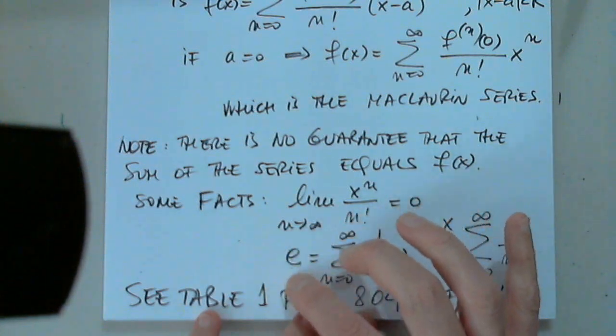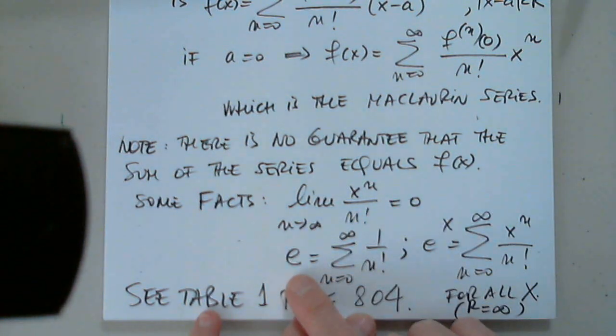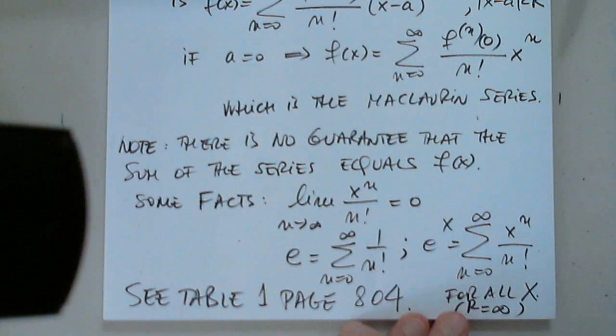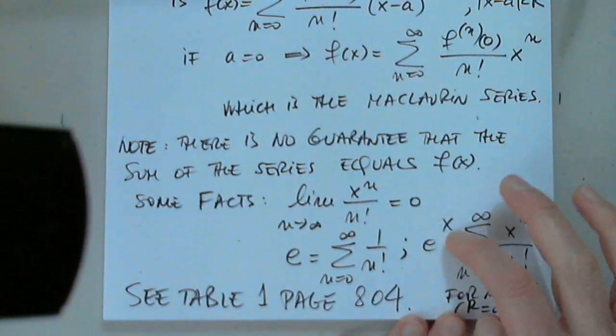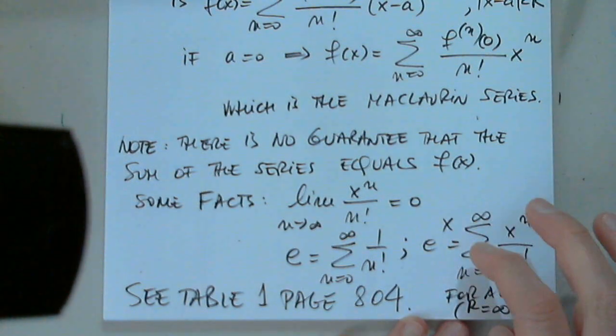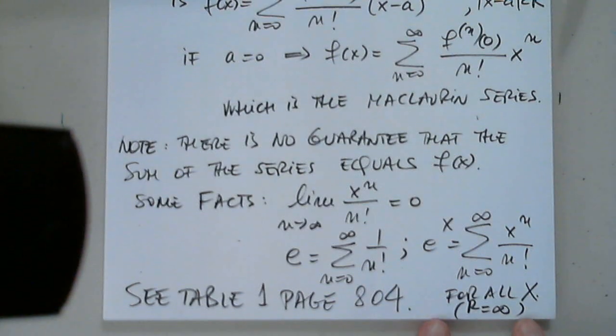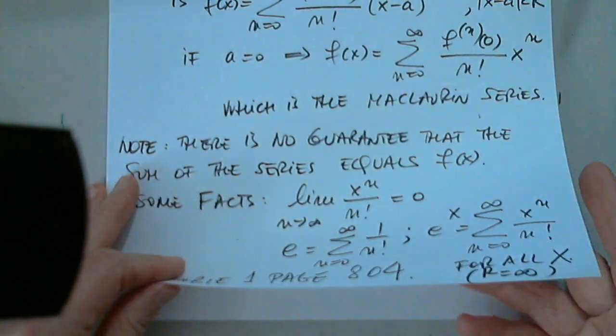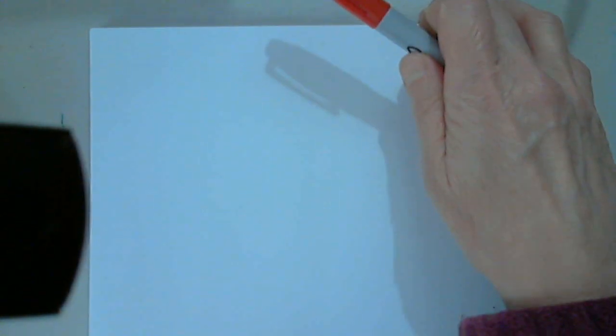The series representation of e is the sum from n equals 0 to infinity of 1 over n factorial. And this is also mentioned in table 1 on page 804. So the series representation for e to the x is true for all x because the radius of convergence is everything.